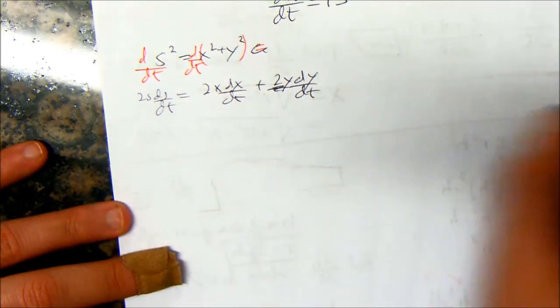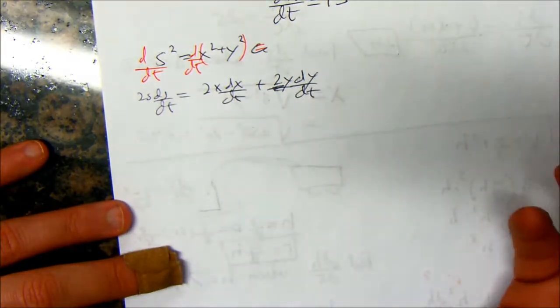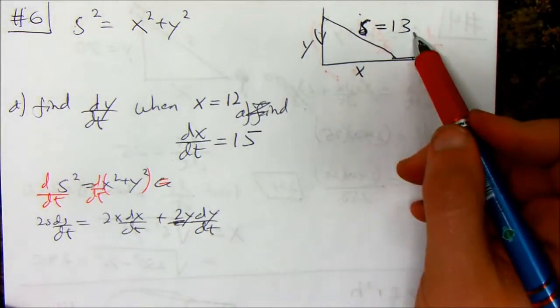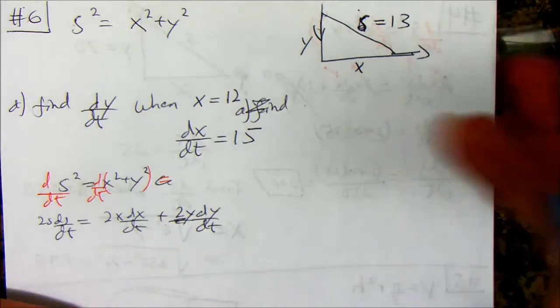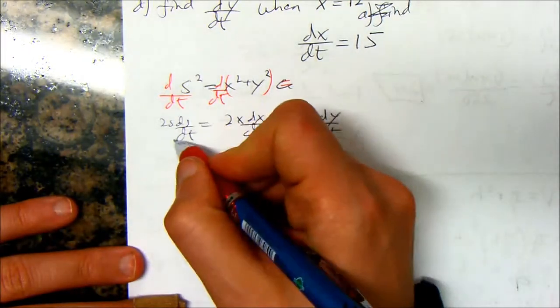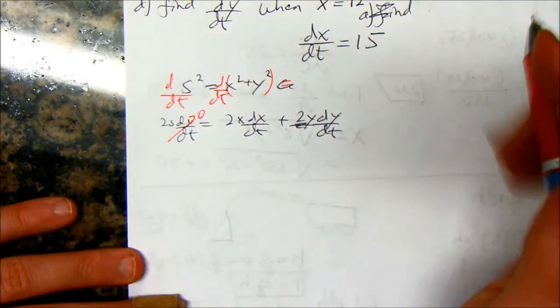This is always true, but you have to figure out which one of these is going to be 0. If I look at my picture, this is a fixed number. That means the length of the ladder itself is never going to change, which is what this is. So this whole thing is 0.